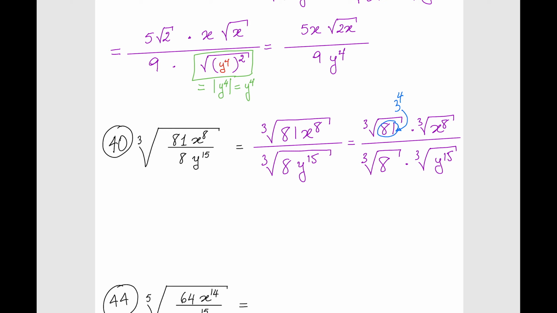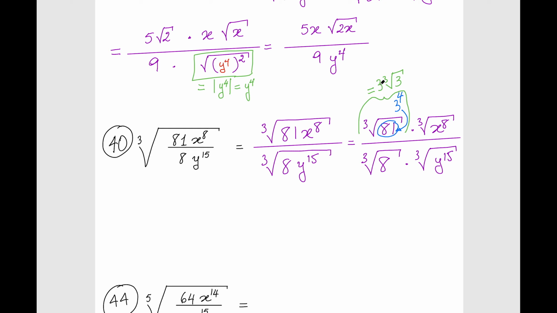So this whole thing becomes the third root of 3 to power 4. So 4 is the same thing as 3 plus 1. So this becomes the cube root of 3 cubed times the third root of 3. And the third root of 3 cubed is simply 3 times the third root of the remaining 3.